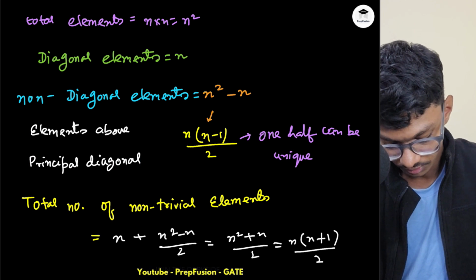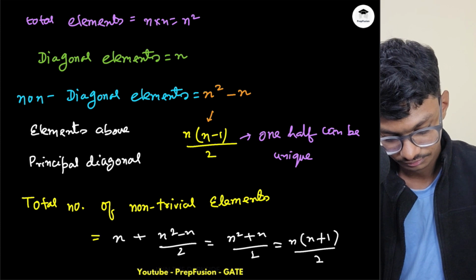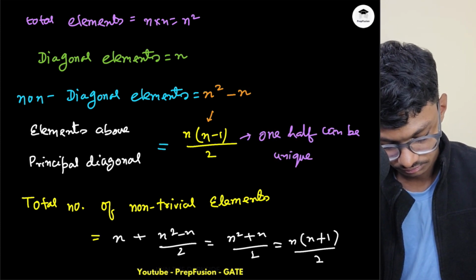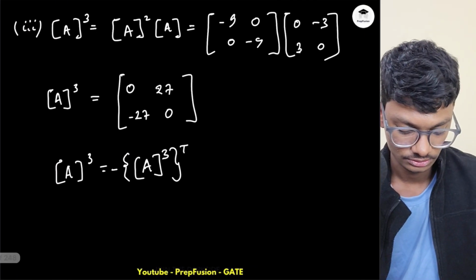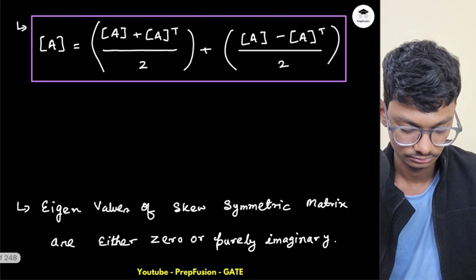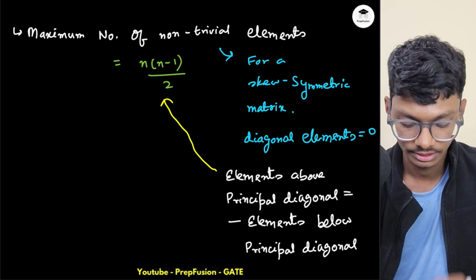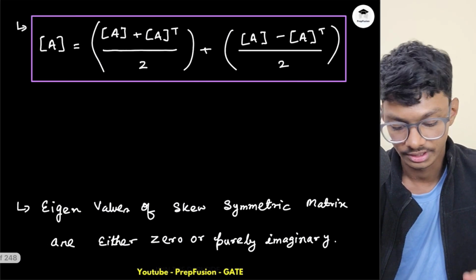Elements above the principal diagonal. Okay, so this is the case. I have got the reasoning behind this, why this is equal to n into n minus 1.